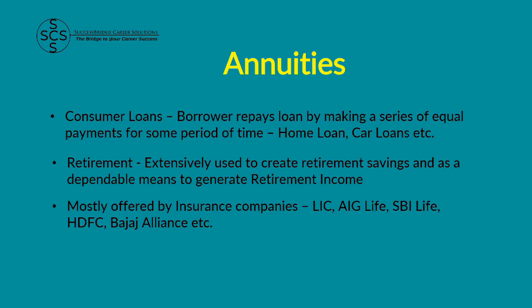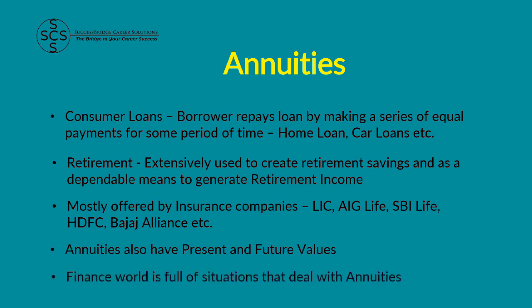Just understand the basics of annuities, future and present value functions, and the math involved in annuities. It requires about class 12 maths. So all in all, it's a huge market, and annuities also have present and future values. As I said earlier, the finance world is full of situations that deal with annuities.